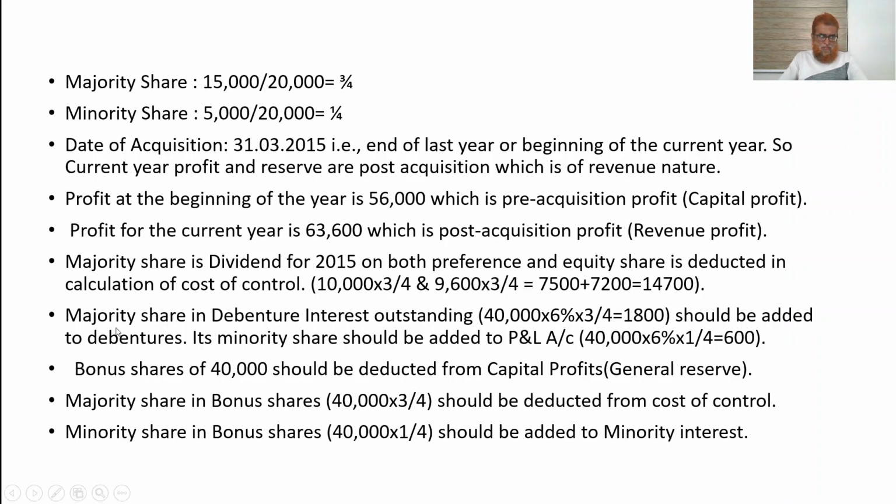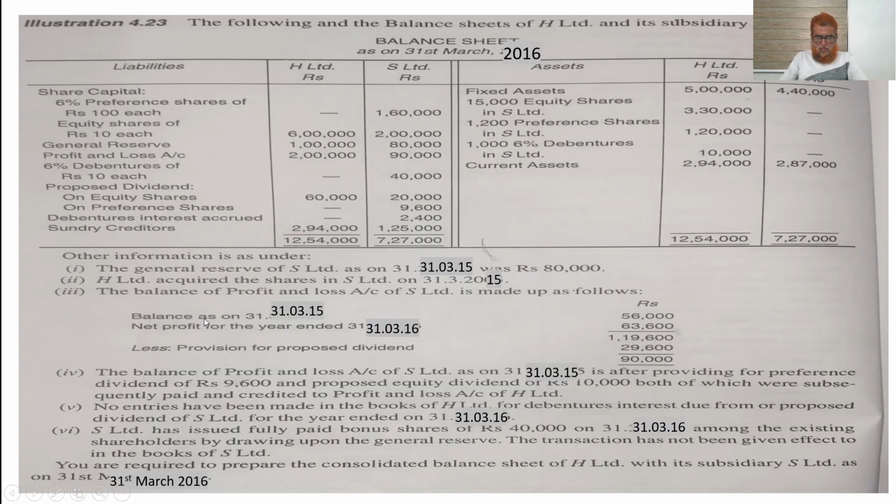Then, next point. In S Limited, no entry has been made in the books of H Limited for the debenture interest due or proposed dividend of S Limited for the year 31/3/2016. We have to make the treatment for that now.